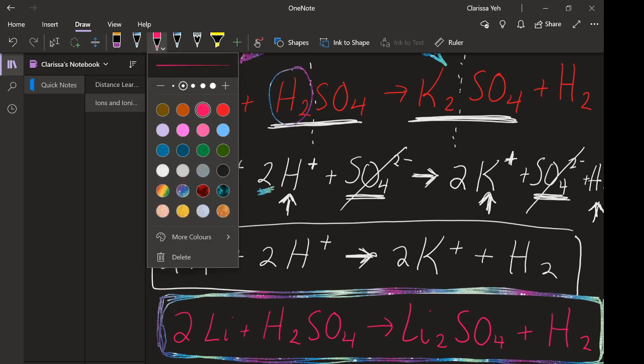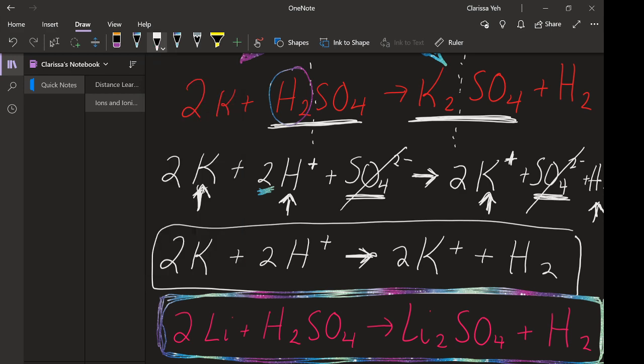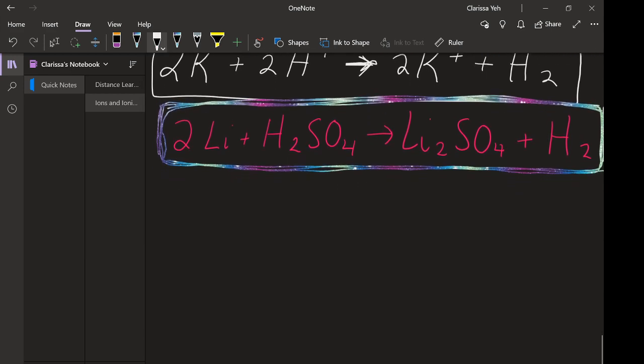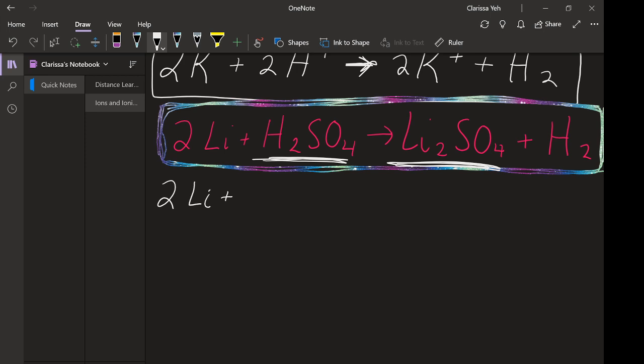Okay, let's go over the answers then. So my 2 compounds that I'm splitting, then I write 2Li, keep that the same because that's not a compound. My hydrogen gets split from my sulfate, my lithium gets split from my sulfate.